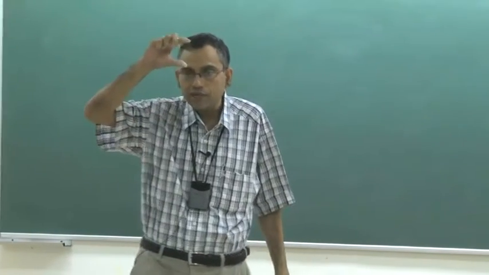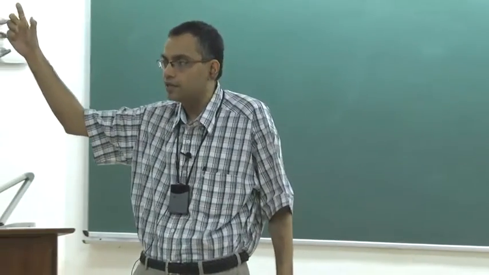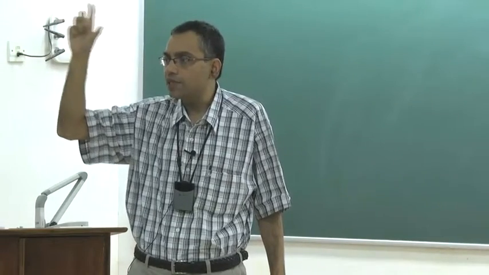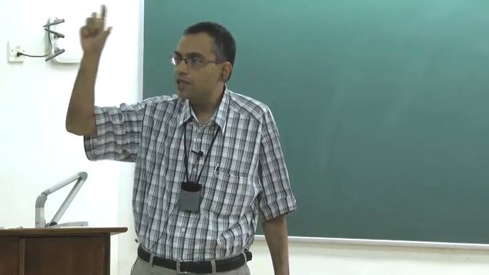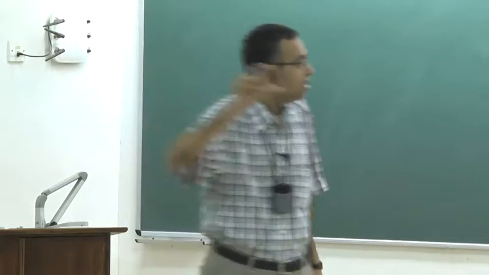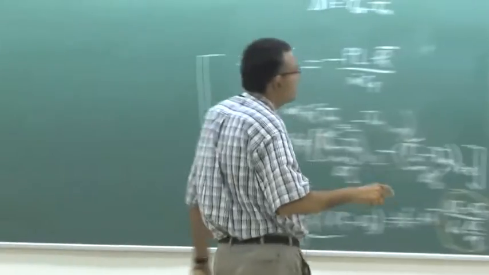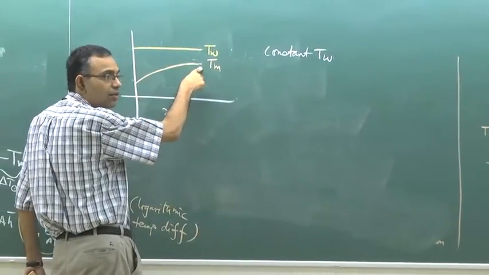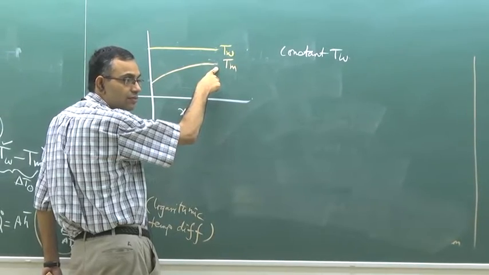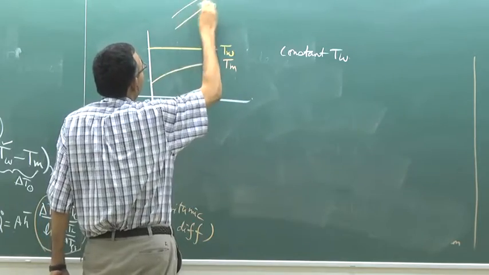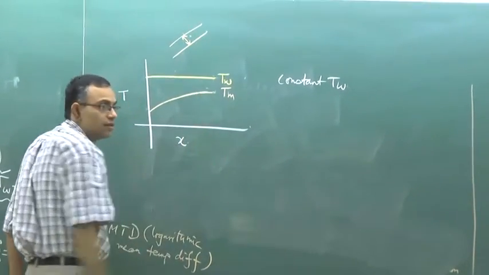Because the temperature difference itself is continuously varying. So what would be the logarithmic mean temperature difference if the temperature difference is a constant? Let us say that T wall is a constant and Tm is a constant, or the difference between T wall and Tm is a constant.